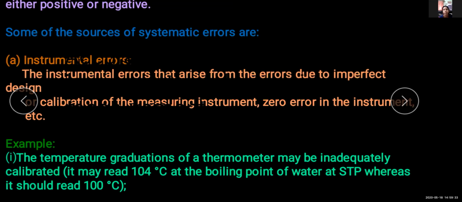It may read 104 degrees centigrade at the boiling point of water at STP, whereas it should be 100 degrees centigrade. Clear?